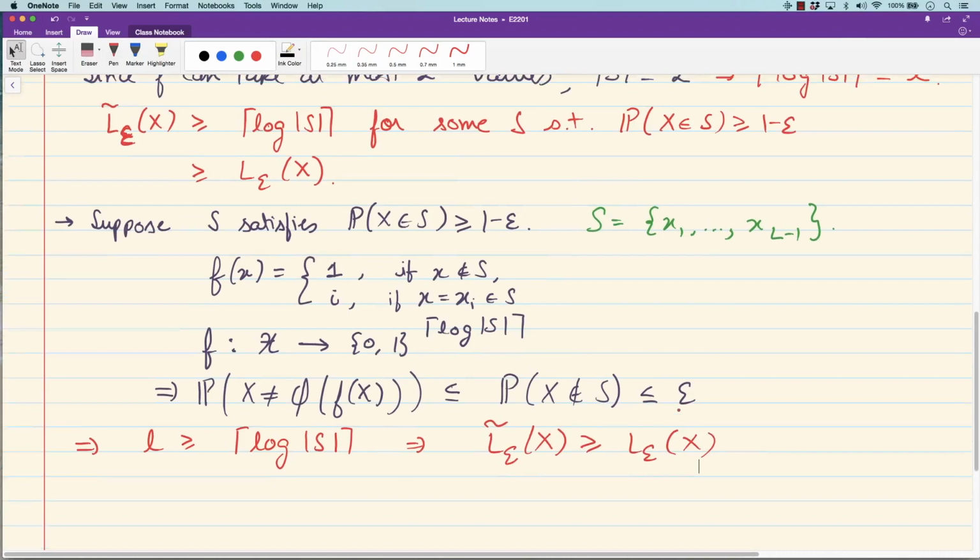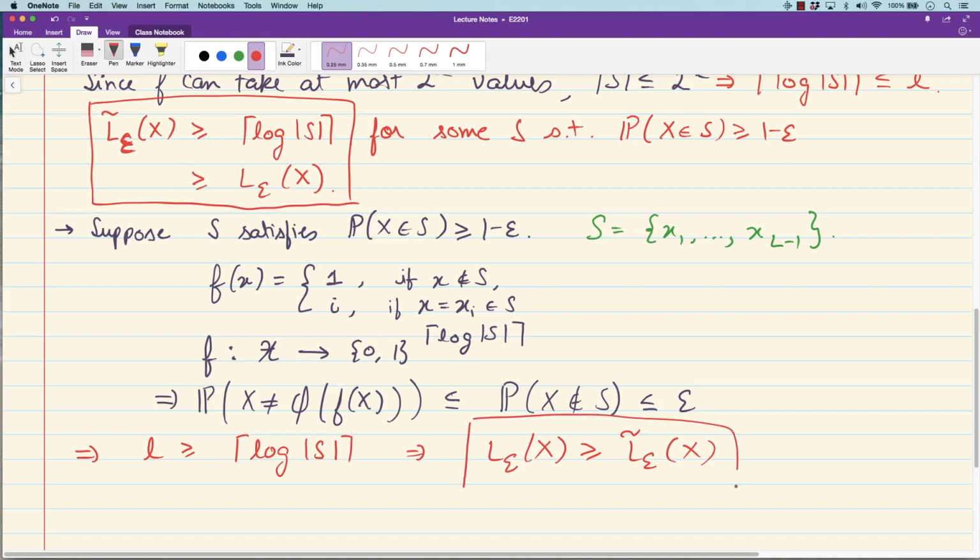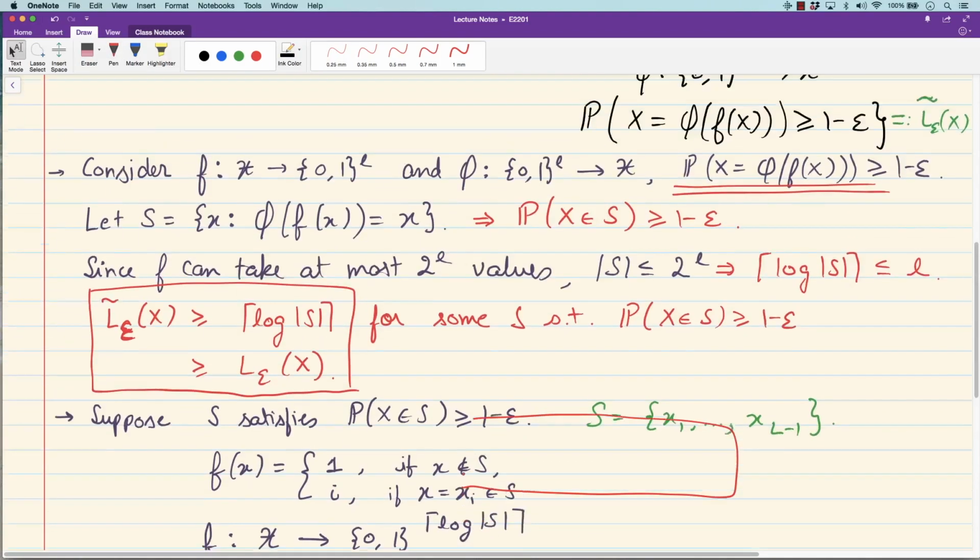Okay, so we have shown two different inequalities. One is this one, which says that this one is greater than this one, then the other one is this one. And therefore they must be equal.